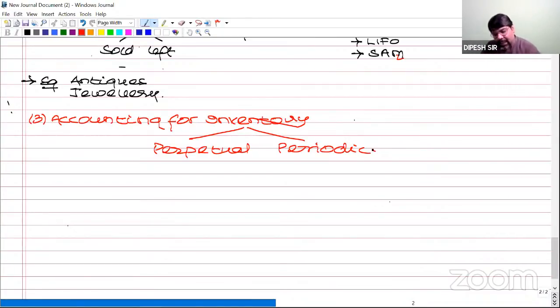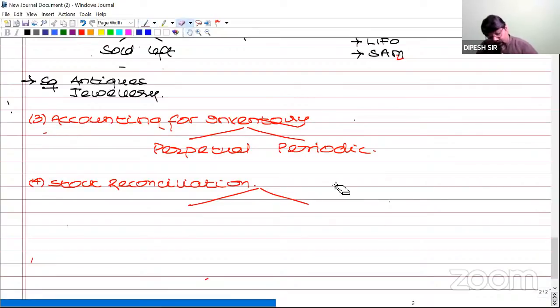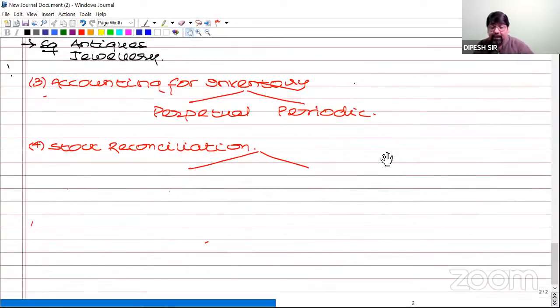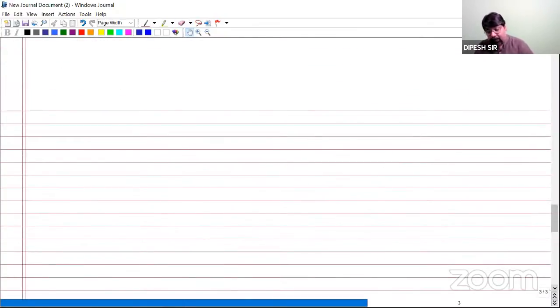Now, last is stock reconciliation or stock finding. There are two types of stock, chartered. One is known as physical stock, one is known as financial stock.